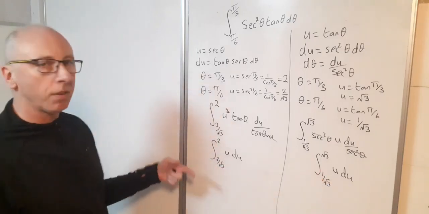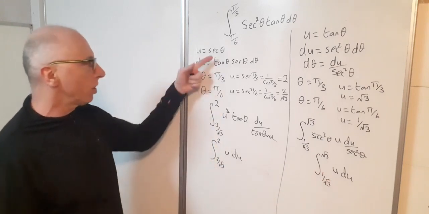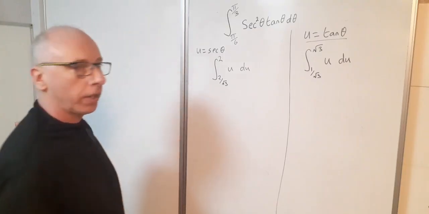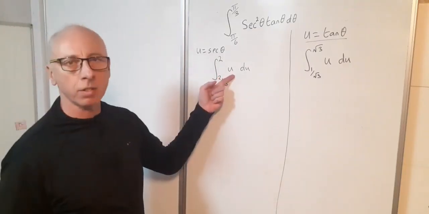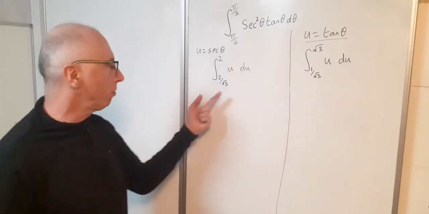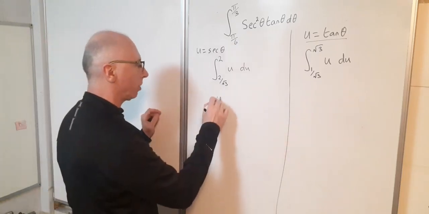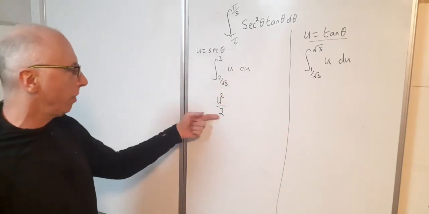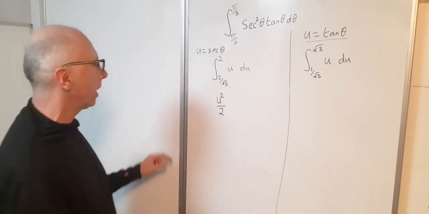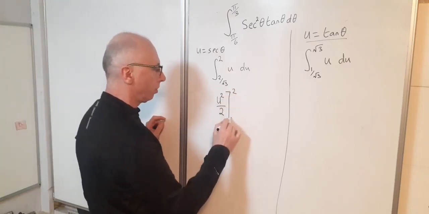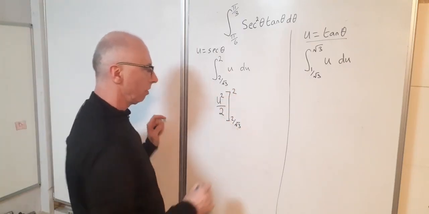But let's clear off the board and bring these up to the top and work out our values. Let's do this integral first. The integrands are both the same, so the results of those are both going to give us u squared over 2: raise the power by 1 and divide by the new power. Now let's put in our parameters of integration, 2 and 2 over root 3.